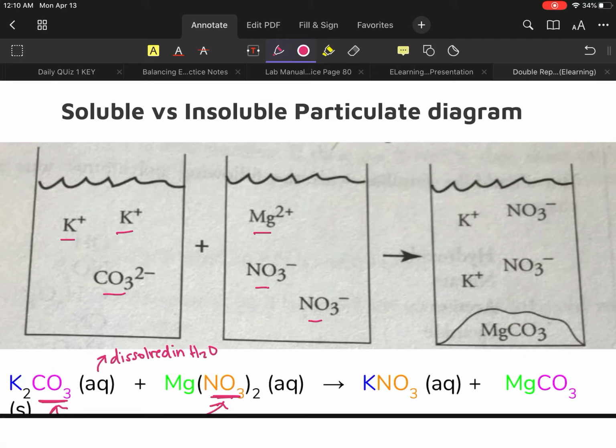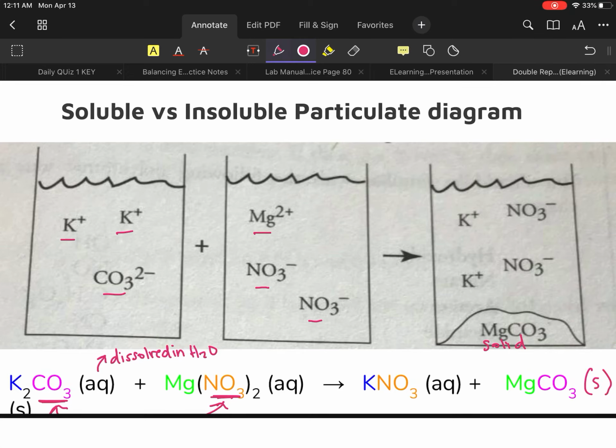So if I have these two different aqueous solutions and I mix them together, what's my product going to be? What actually happens is my magnesium and my carbonate have swapped places. It used to be nitrate with my magnesium, now it's carbonate. And these form a solid down here on the bottom.